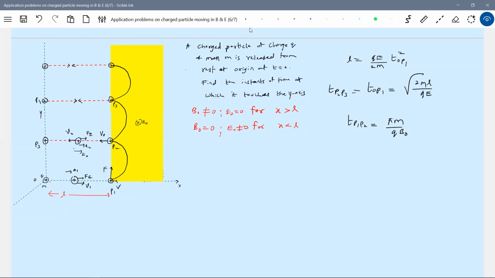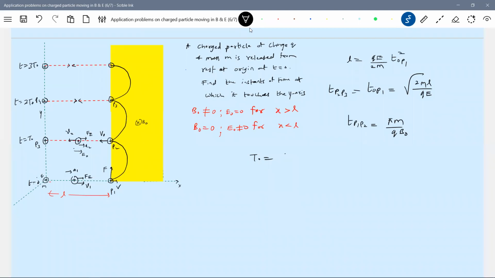Find the instants of time at which it, I think we have to generalize it. So the time taken to move from O to P1 and P2 to P3 are the same. So in general, we'll call this T naught. What is T naught? At T equal to 0, it will be here. Don't write capital T, since we are using T for time period of revolution. What is one T naught?